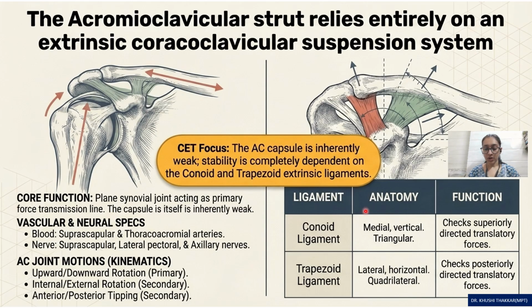The ligaments here, so actually we have two major ligaments here. The acromioclavicular joint capsule is one of the ligaments which actually holds the joint together. The capsule of this joint is very weak and it cannot maintain the integrity without the help of the ligaments. These ligaments include the superior and inferior acromioclavicular ligaments and the coracoclavicular ligaments.